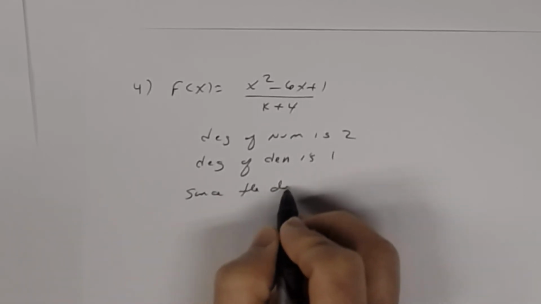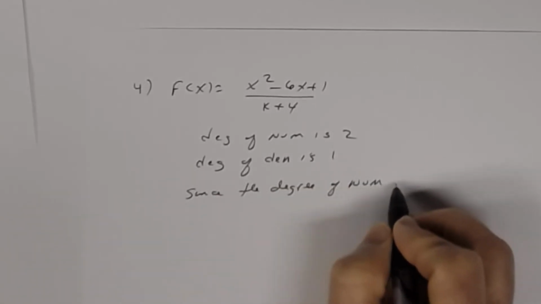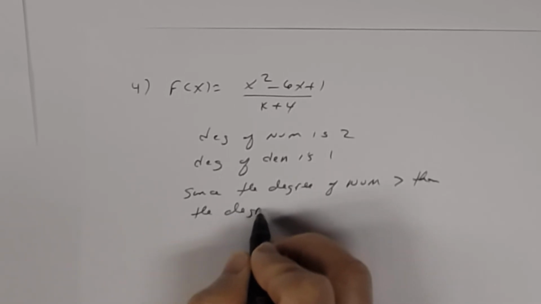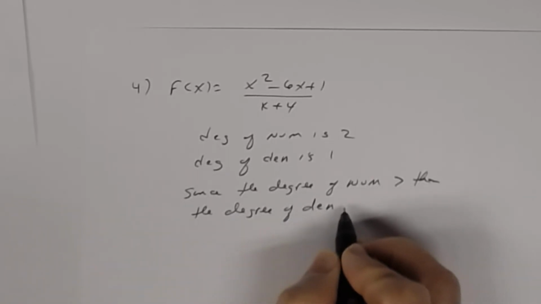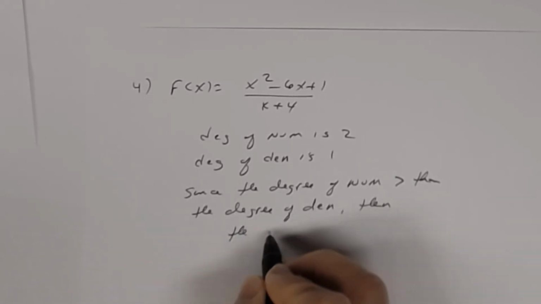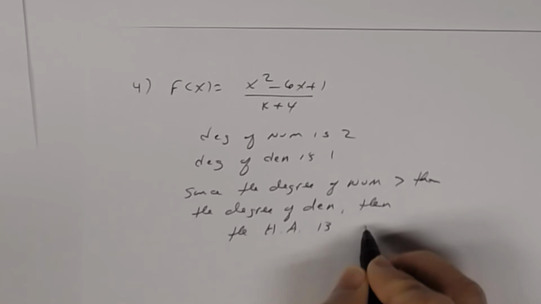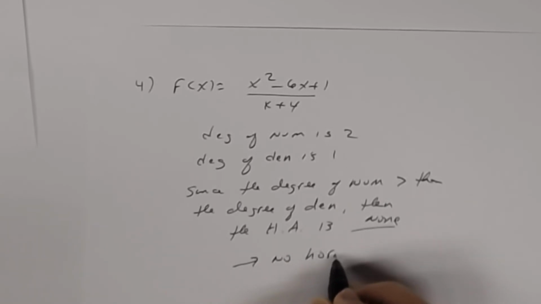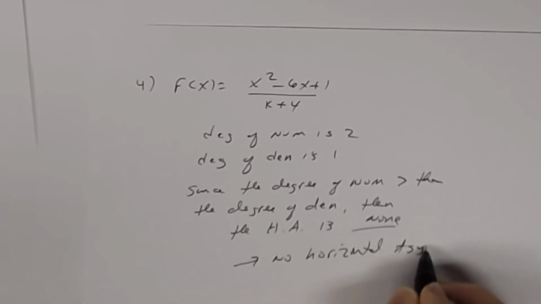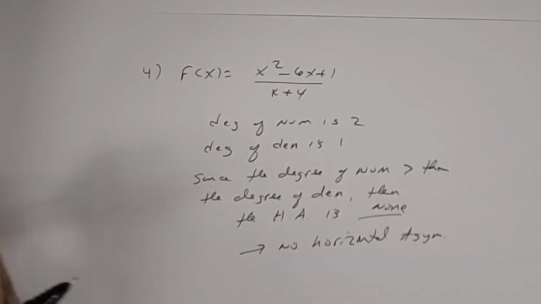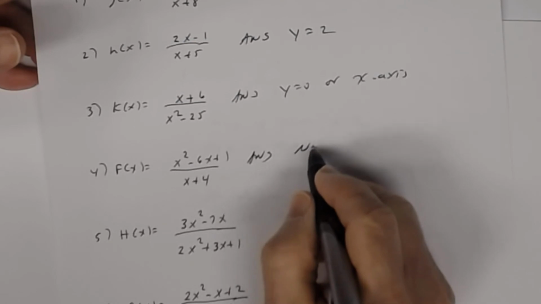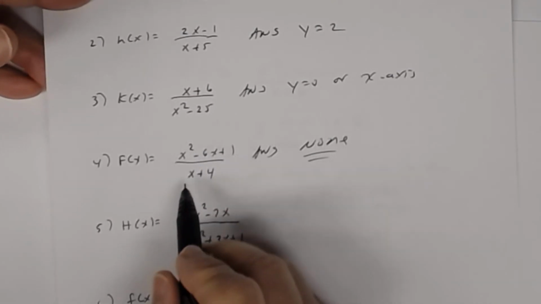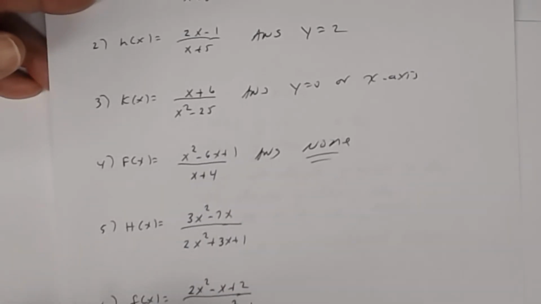Since the degree of the numerator is greater than the degree of the denominator, then there is no horizontal asymptote. So for number 4, you're just going to say none, because the degree of the numerator is greater than the degree of the denominator.